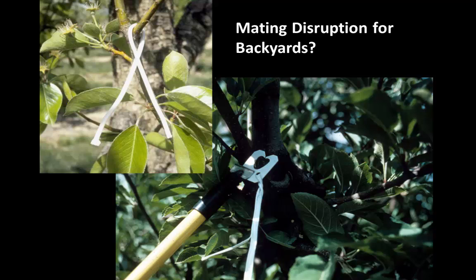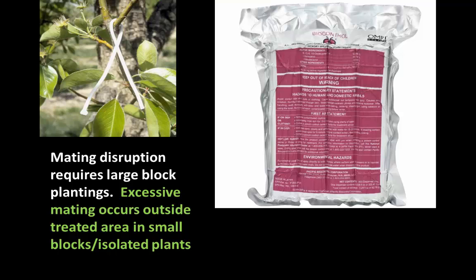So maybe 50 yards away, a female moth could fly, find a male who could successfully find her and mate with her. She returns then to the tree and lays fertile eggs, which defeats the purpose of mating disruption. So it has to be used in large blocks. Otherwise you'll get excessive mating in small blocks or where you have isolated plants.